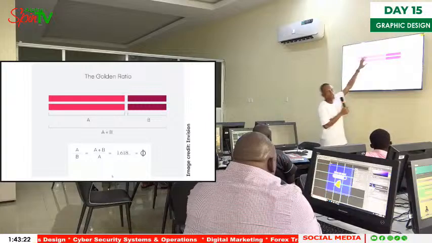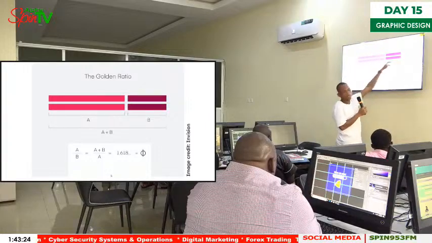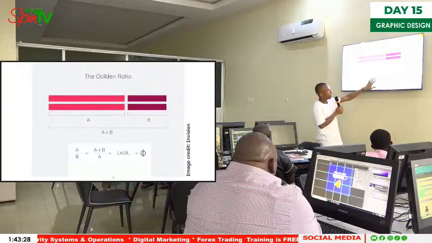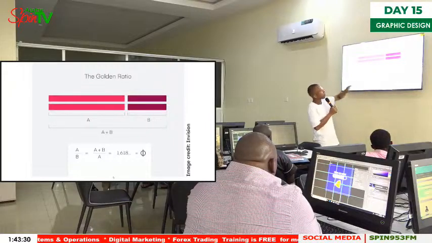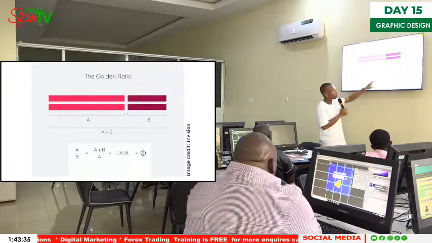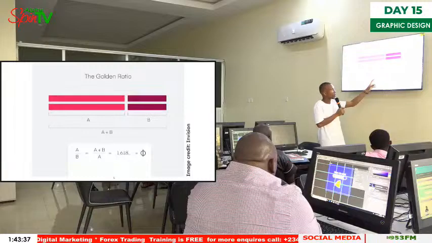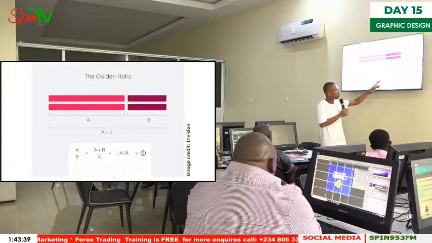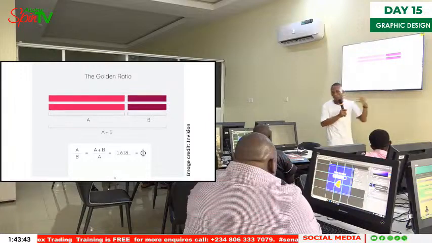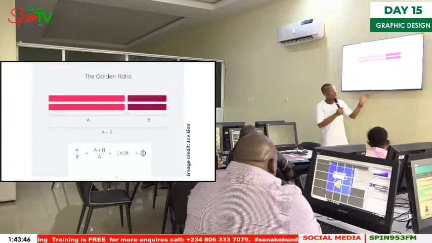Let's say this is 15 and this is 30. Let's say this is 7 now. What this is saying here is that A, 15 plus 7 divided by 15 will give you 1.618. You can try it with your phone. That's how we got the golden ratio.